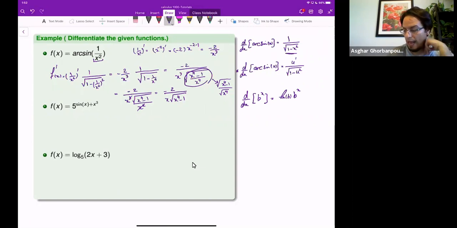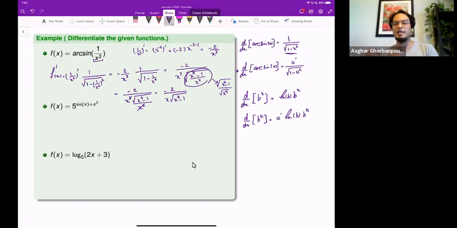And the chain rule version of that, if you have b to the power u, will be the same as before, ln b times b to the power u, but since u is a general function, chain rule says that you multiply the derivative of the inner function to the whole thing. So that will be u prime.